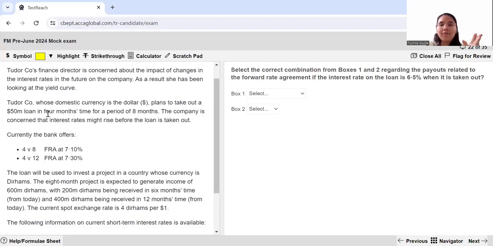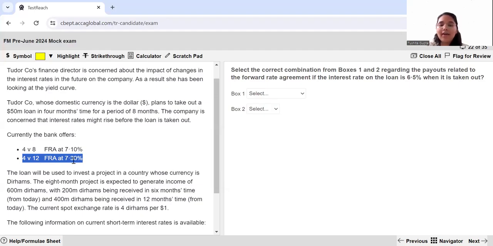So it begins after 4 months, so 4 is going to be there for sure. And after those 4 months, it's going to be a period of 8 months for which they are borrowing. So ideally, they will be going for this agreement, 4 months until they get into that loan, and then an additional 8 months for which they borrow that loan. So FRA needs to be 4 to 12.